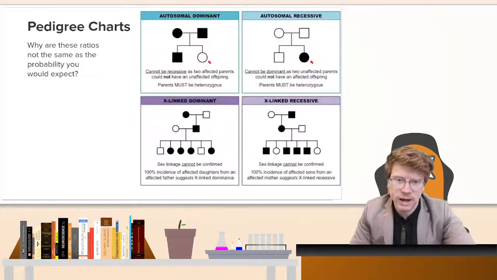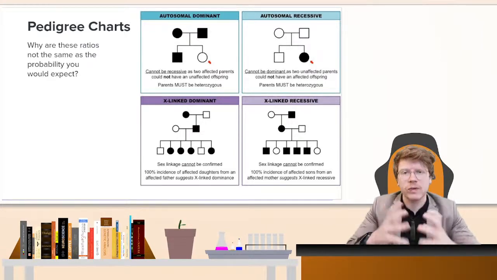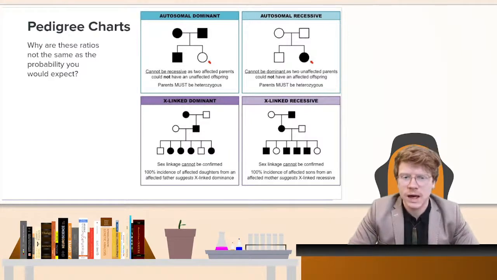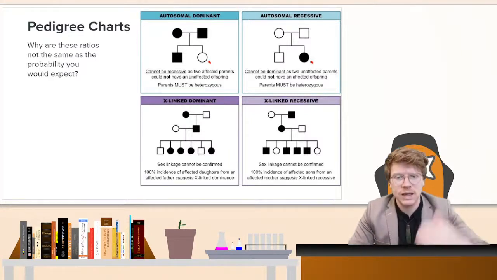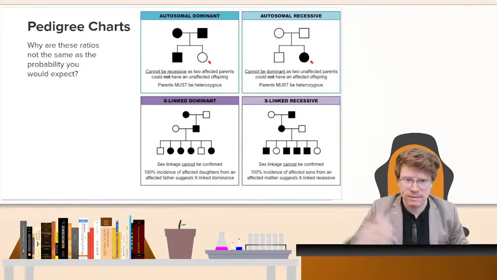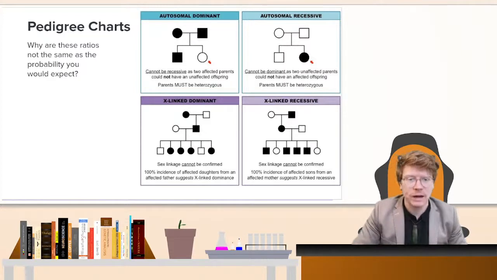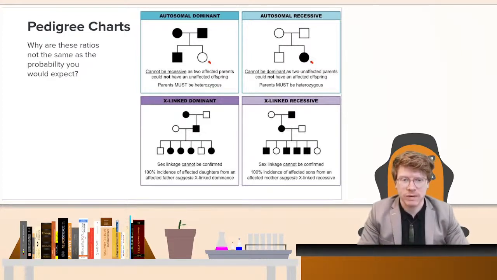The last thing we need to talk about is these pedigree charts. So pedigree charts, you might remember, are these circles and squares. So when you've got circles and squares, you're thinking about the next generation down, and you can draw these kind of nice family trees. You can then look at how certain traits are passed around the family and how they're expressed, right?